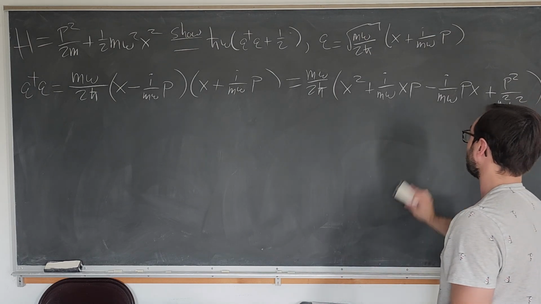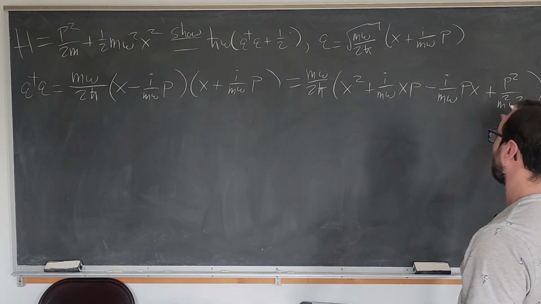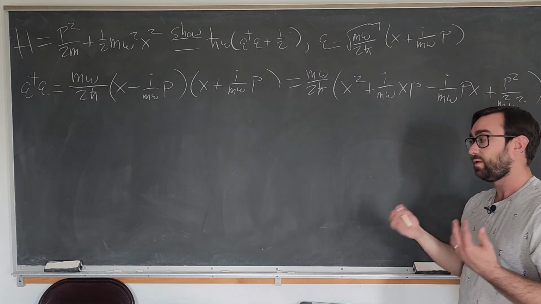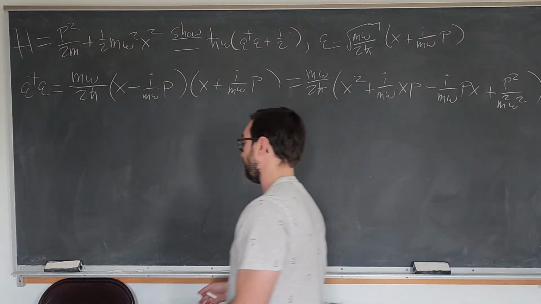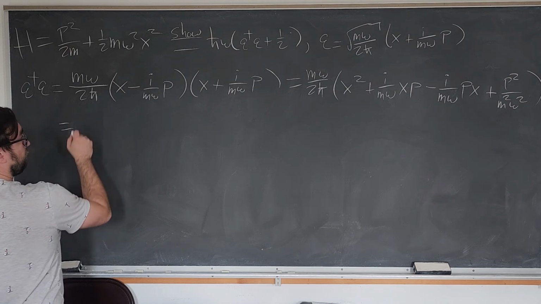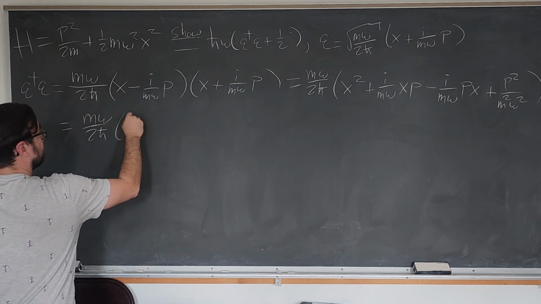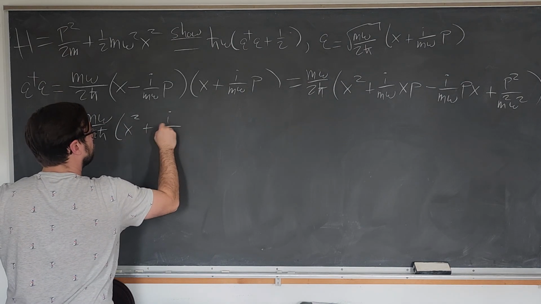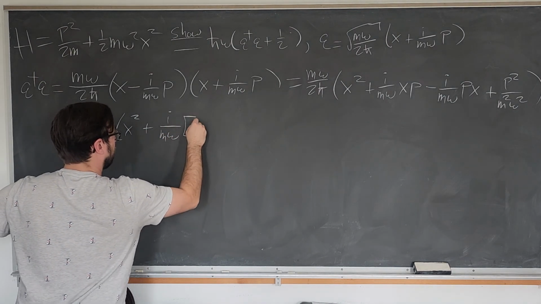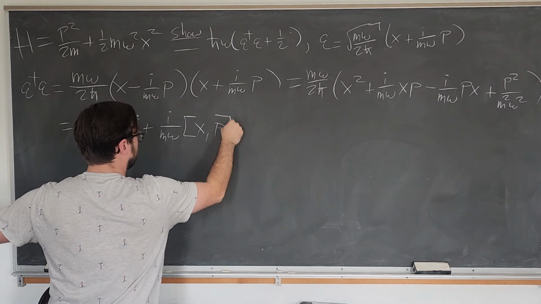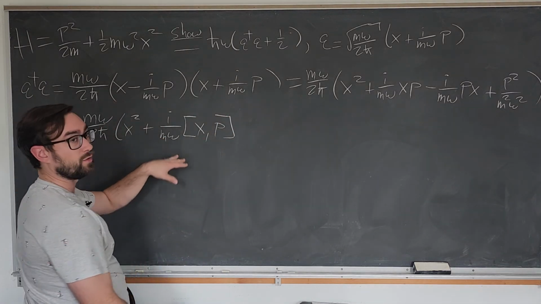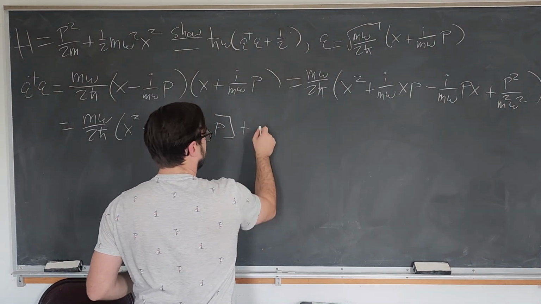And right away, we can notice something with the commutativity of the p's and the x's. We want to rewrite it in this form. Everything else is going to stay the same, except we recognize that these two terms are proportional to the commutator of x and p.